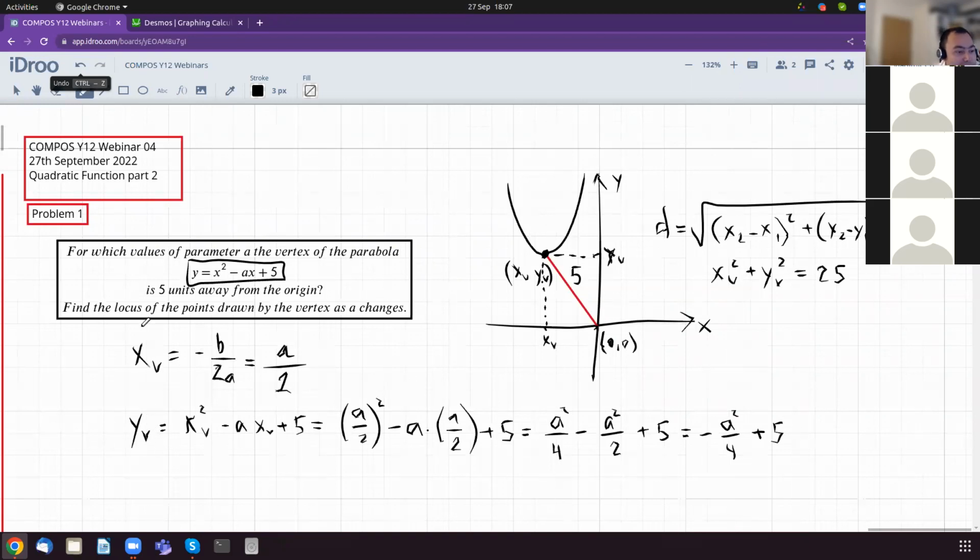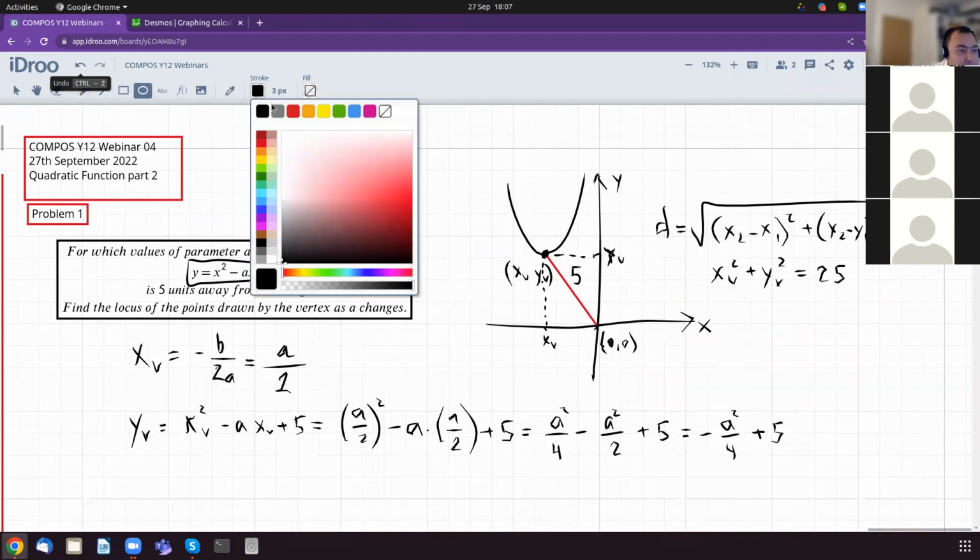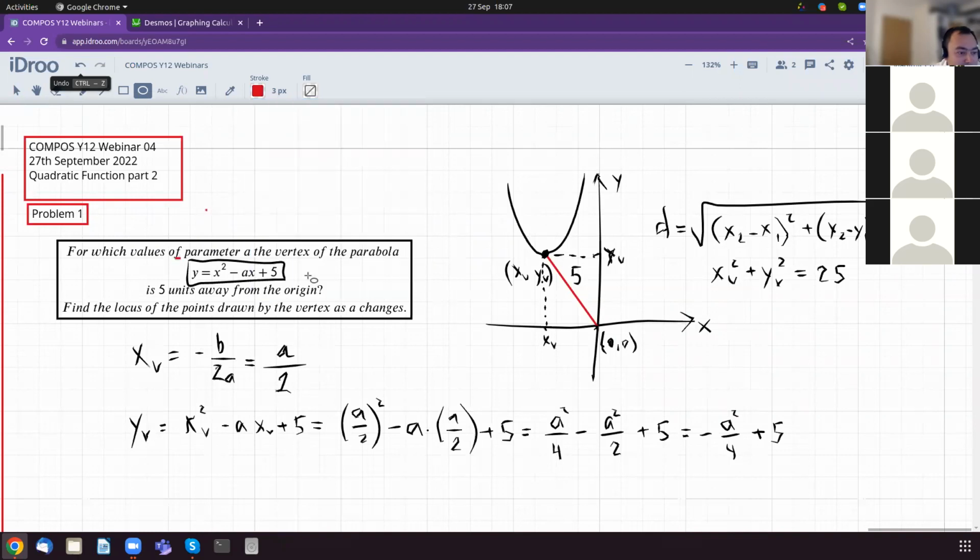Okay, so you have a parabola, and this is the equation of the parabola. And we found the x vertex. X vertex is a over 2. And to get y vertex, we simply substitute x vertex into the equation of the parabola. We substitute it here.